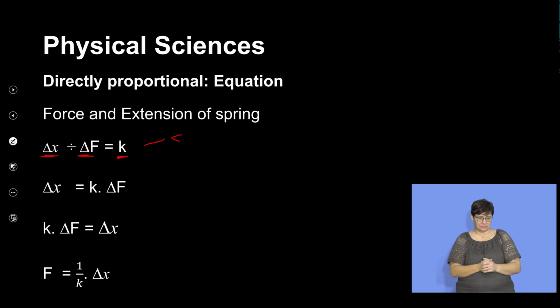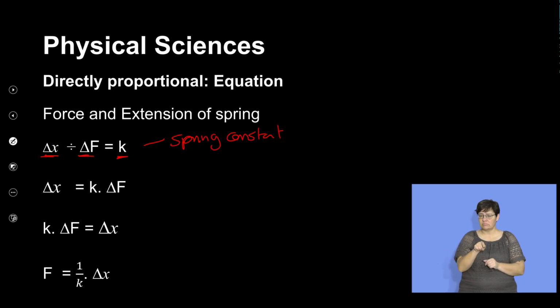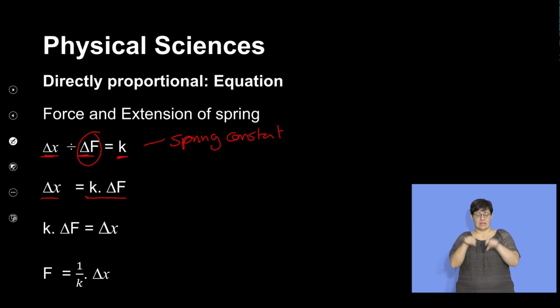That's going to be the spring constant. Now, I'm going to multiply both sides of the equation by the independent variable, the force. And I'm going to get delta x is equal to k times delta F.